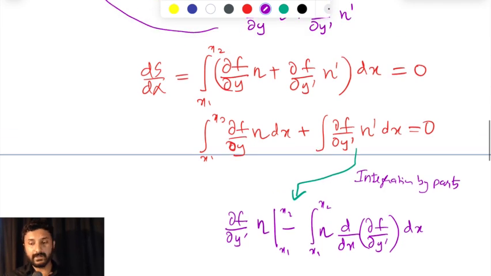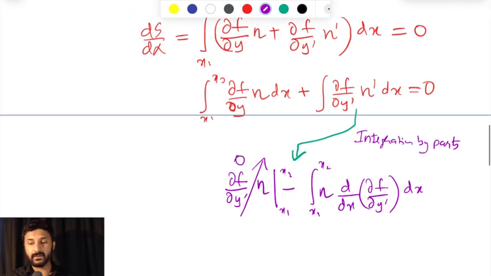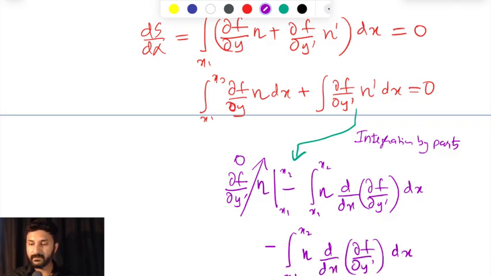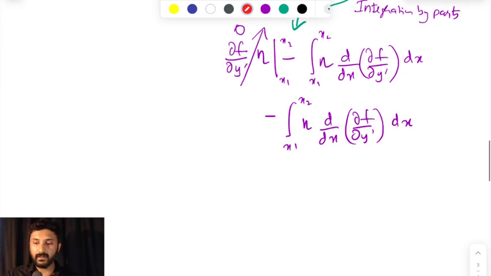And what you realize is the first term here is going to become 0. Why? Because eta, if you remember, becomes 0 at x1 and x2, at the extreme values. At the endpoints, eta is 0, so the whole thing becomes 0. And so what you're left with is an integral that looks like this: eta times d by dx of dou f by dou y dash, dx. Now let's put this back into our original integral, and what do we get?